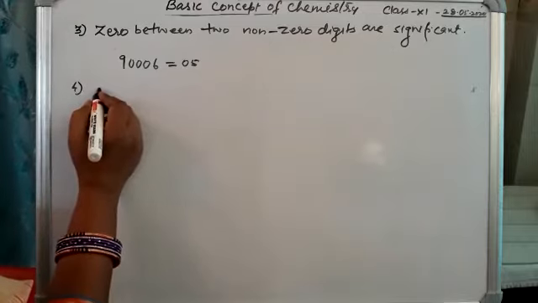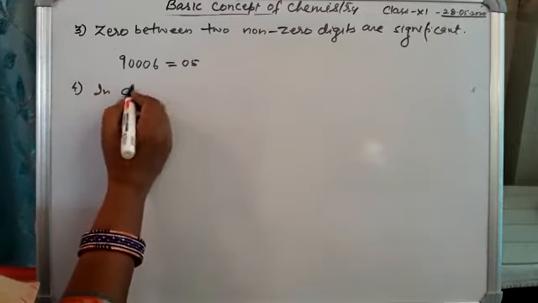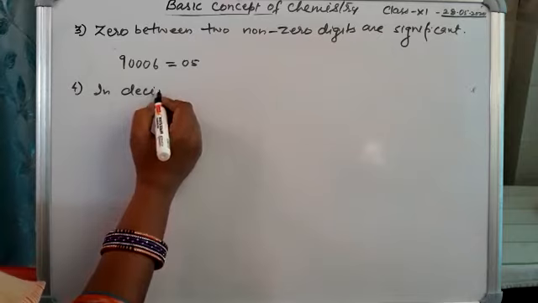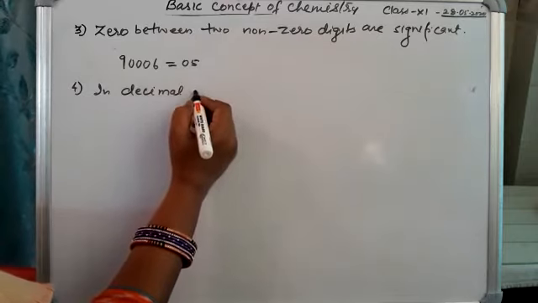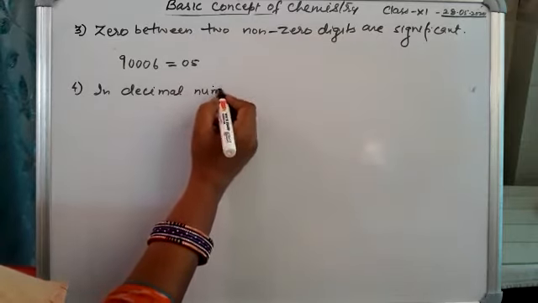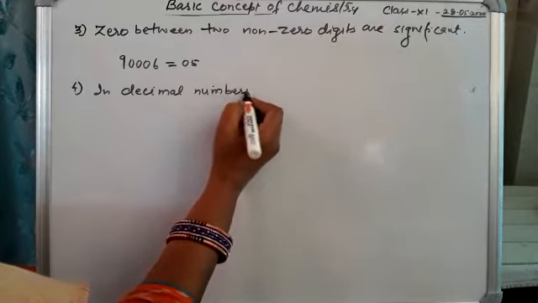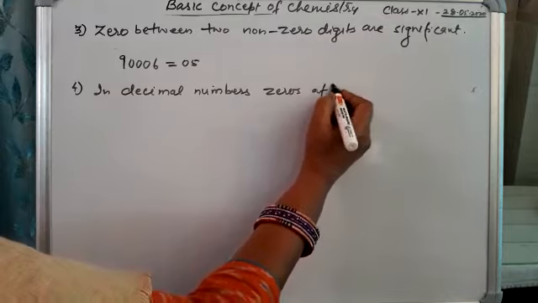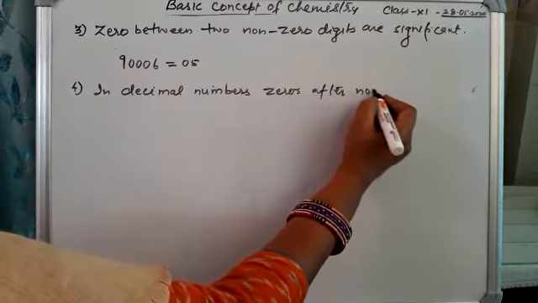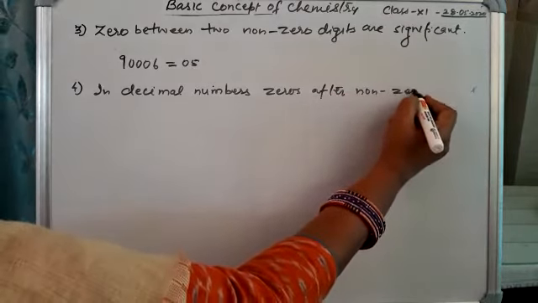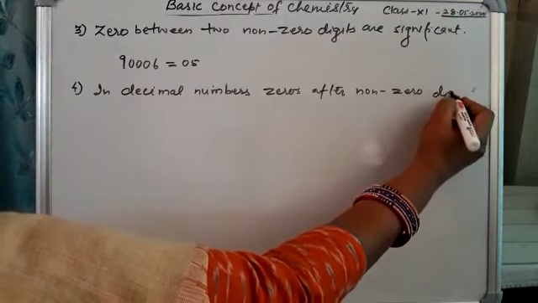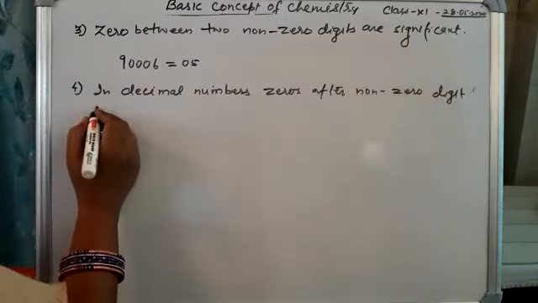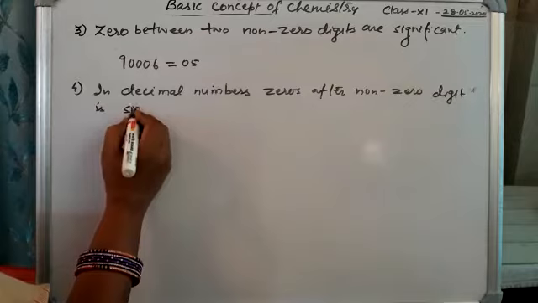Rule number 4: in a decimal number, zeros after a non-zero digit are significant.